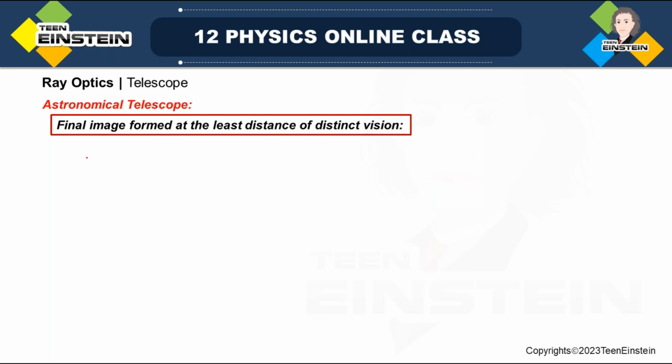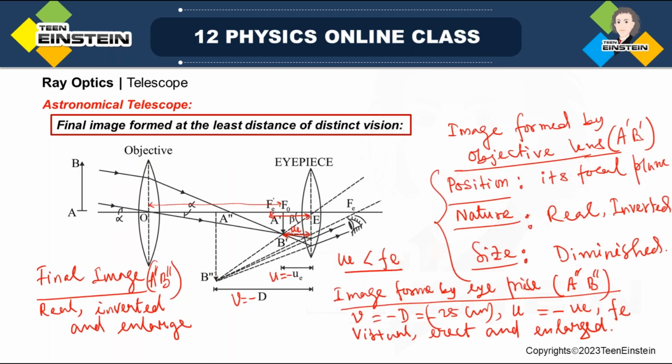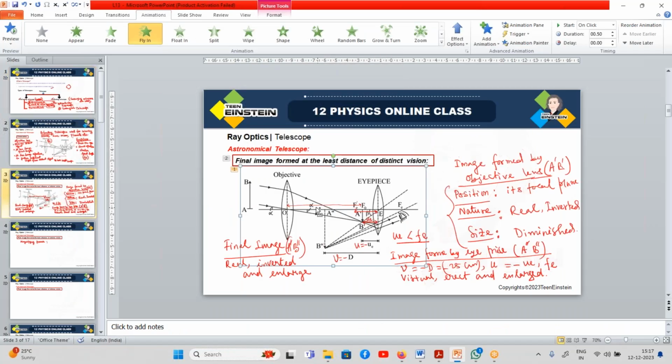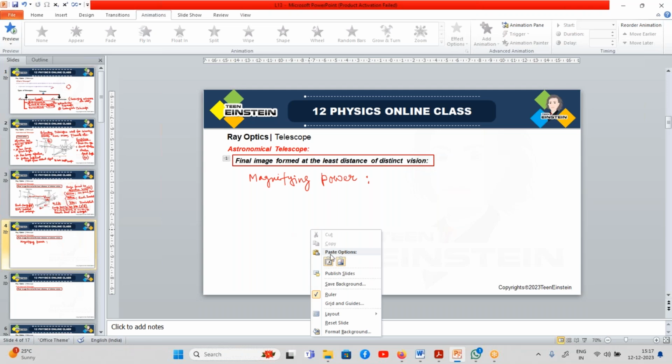So what is the magnifying power of telescope in this particular setting? I think I have this figure. Let me take this figure for my use here, because I need to show you the angles.